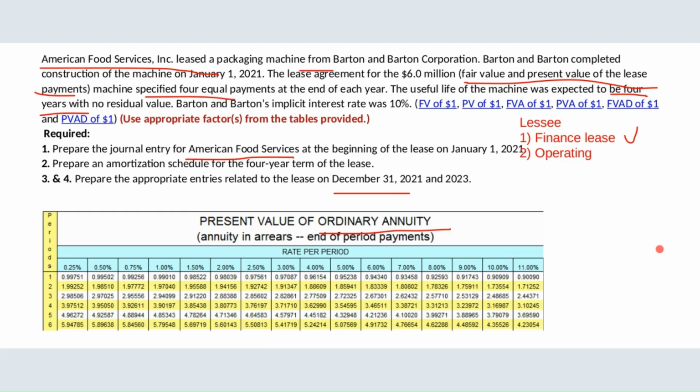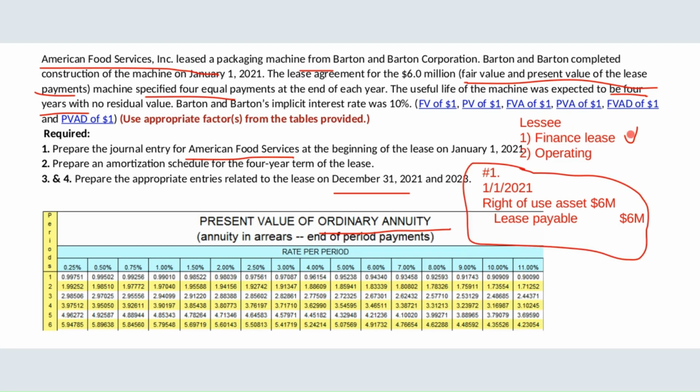And then what are we going to credit? Lease payable. Portion of this will be a long-term liability that relates to this lease.